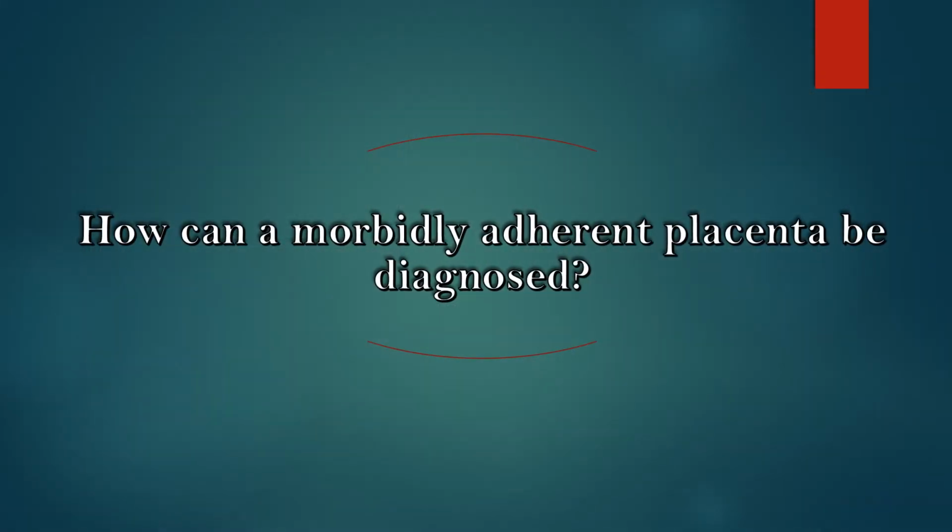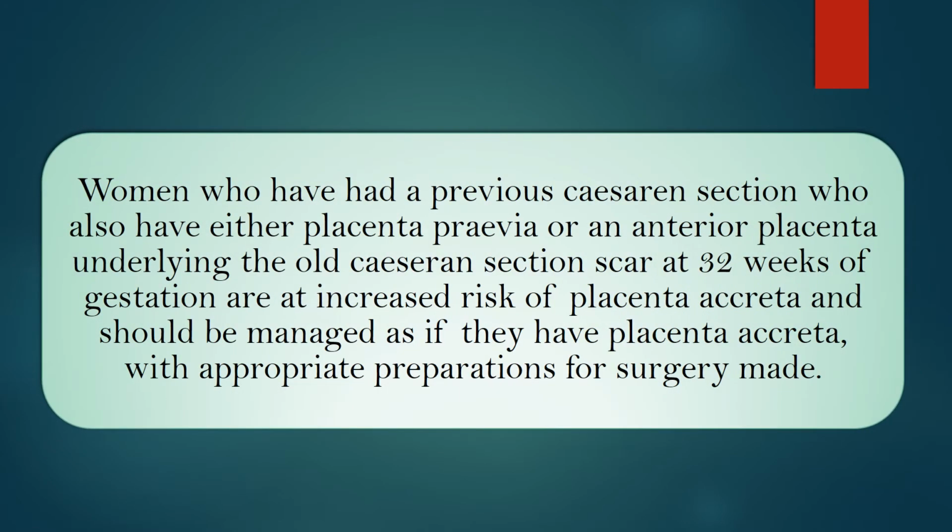How can a morbidly adherent placenta be diagnosed? Women who have had a previous cesarean section, who also have either placenta previa or an anterior placenta underlying the old cesarean section scar at 32 weeks of gestation, are at increased risk of placenta accreta and should be managed as if they have placenta accreta, with appropriate preparations for surgery made.